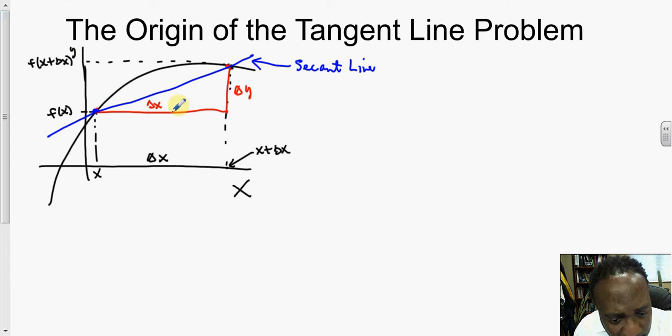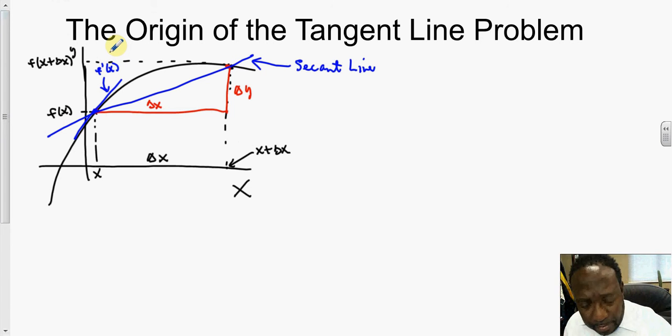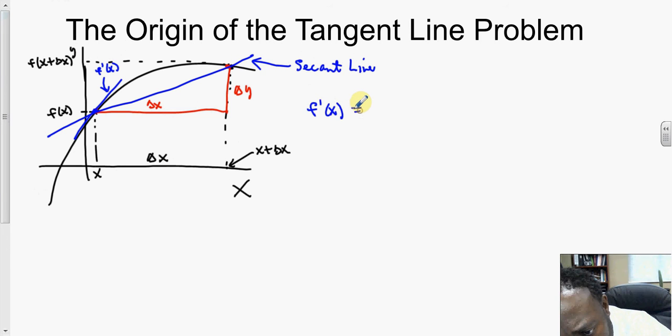So our goal is to be able to minimize delta x such that we end up only focusing on the slope here. And we'll give this a name and we'll call it f prime of x. And that will be the slope of the secant. So f prime of x is the slope of the tangent.